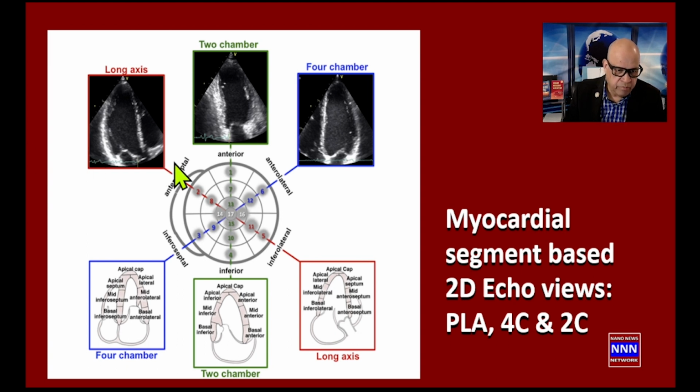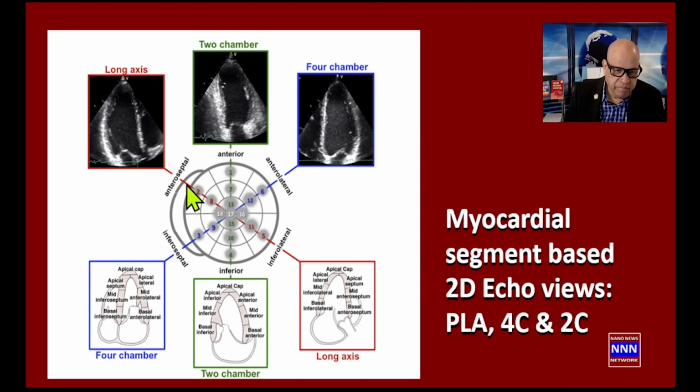First of all, the basic view we start off with is known as the parasternal long axis, which crosses through the anteroseptal and the infralateral walls of the left ventricle. But before I get into that, let's look at this 17-segment depiction of the left ventricle. Here we have the anterior wall, and here we have the inferior wall.